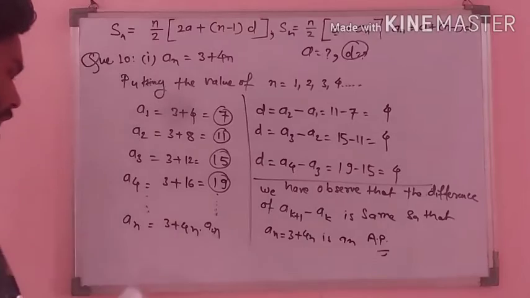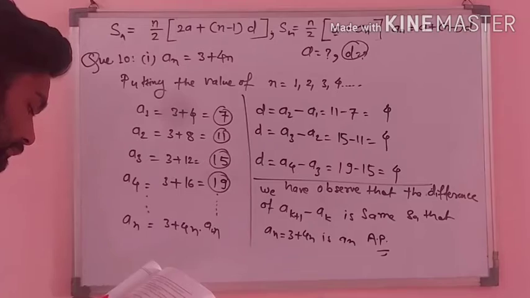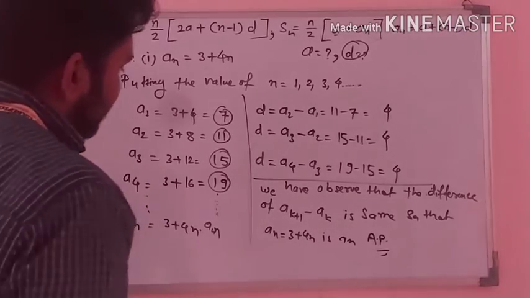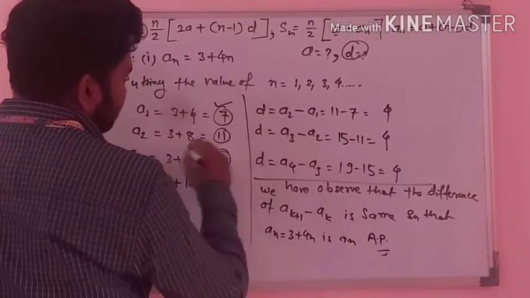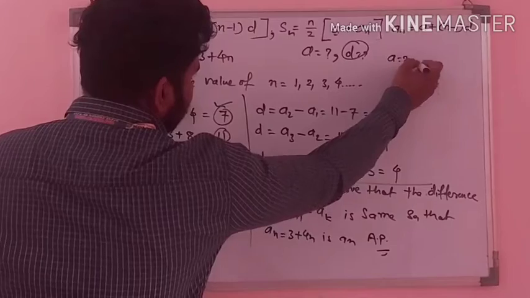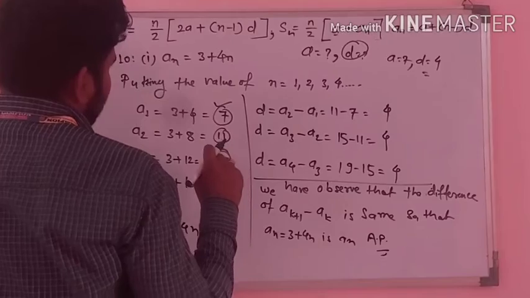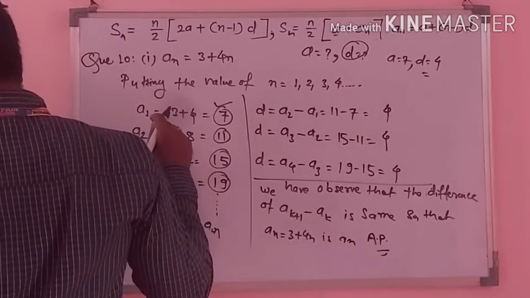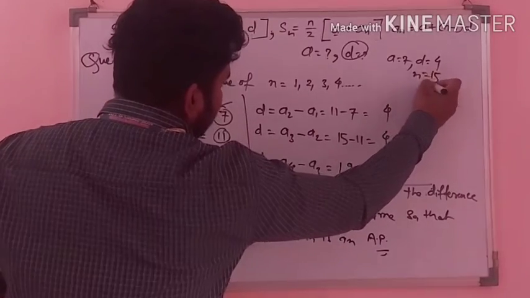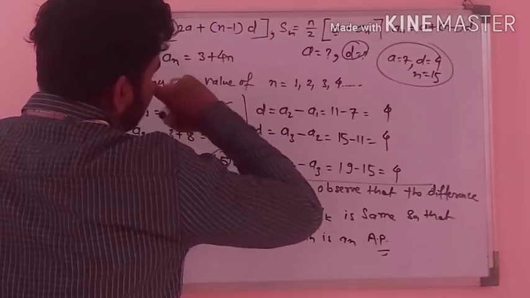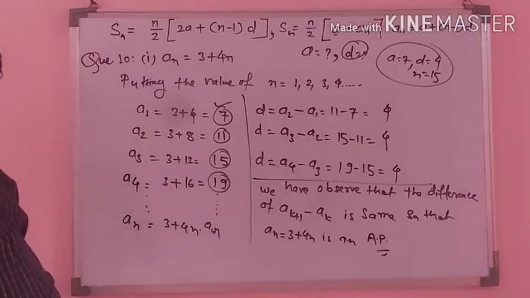Now after that, what did it ask us to find out? Find out the sum of the first 15 terms. Okay, so from here what do you know? A is the first term, a is equal to 7, as told earlier, and d is equal to 4. And what is asked? First 15 terms, so n is equal to 15. Put these three values in this equation, and we will get the sum of the 15 terms.